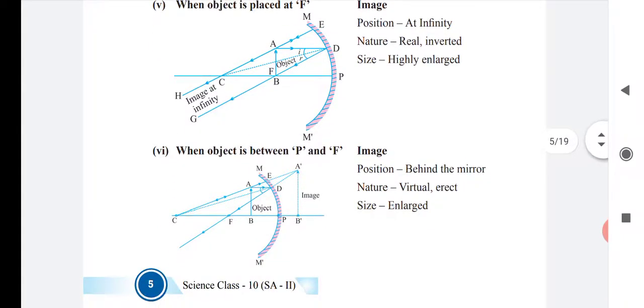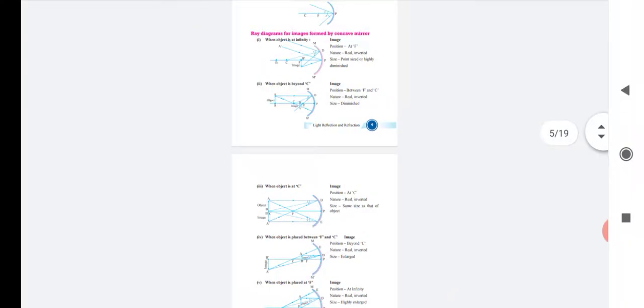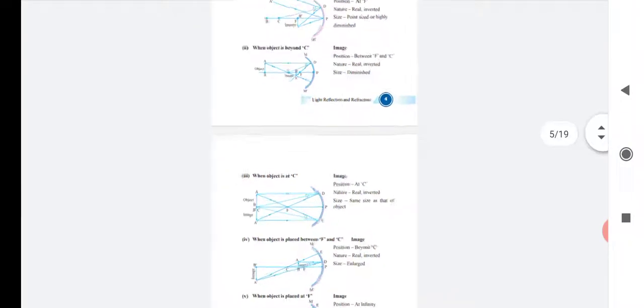When you place the object between pole and focus, you will get the image behind the mirror, and it is virtual, erect and enlarged. So these are the six formations of image in the case of concave mirror. Okay, so hope you have understood the ray diagrams for the image formed in the case of concave mirror.